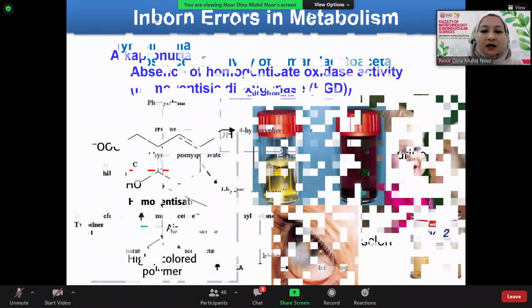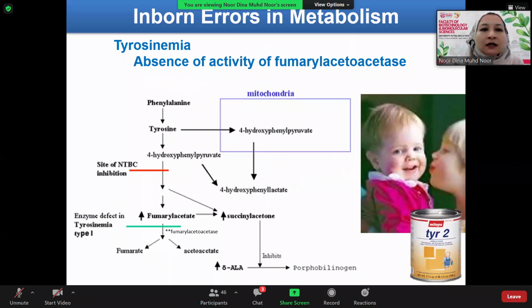Okay, dark color urine, and they have dark spots at the sclera of the eyes.